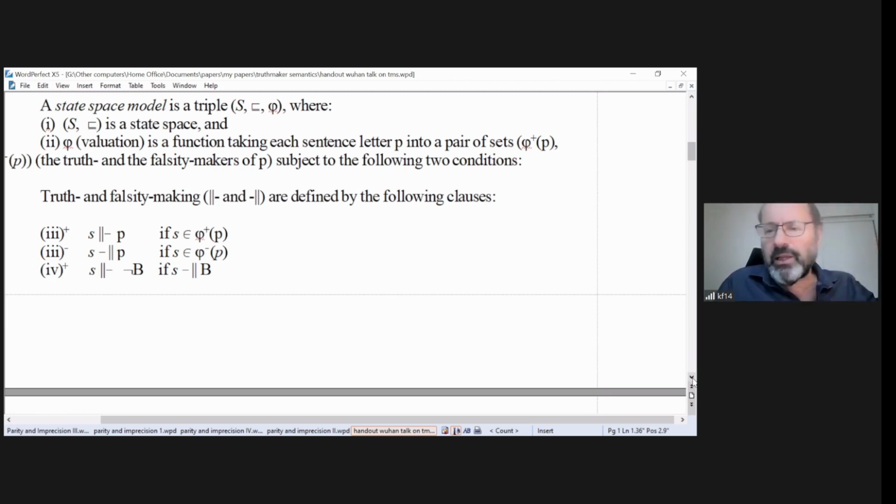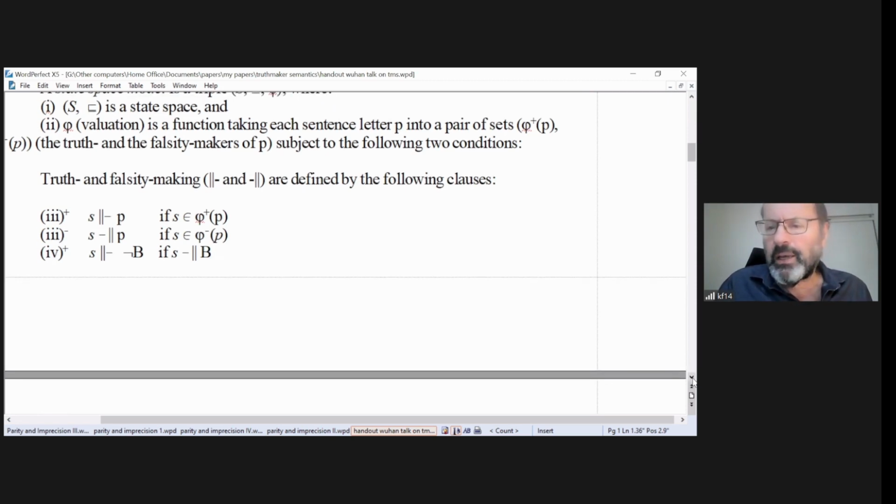And if the horizontal line comes first, before the double vertical, that's falsity making. So those are the symbols being used here. The reason for not using the normal symbols is that they have some other use. So these symbols indicate that we have exact truth making or exact falsity making.